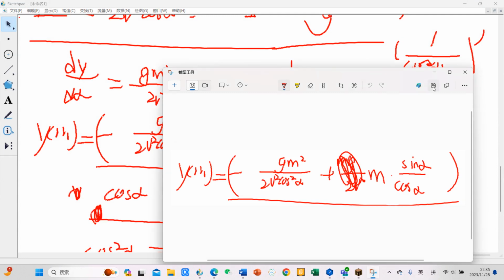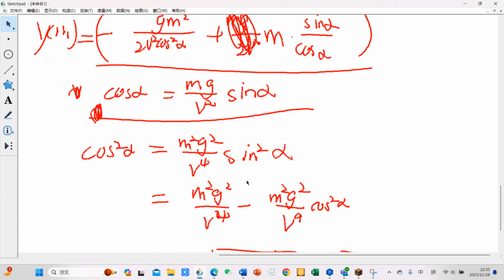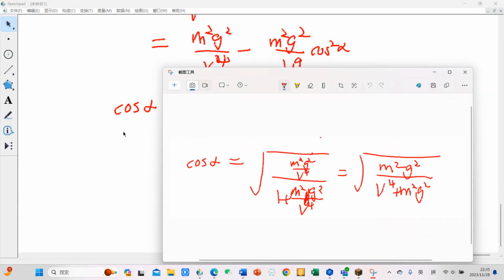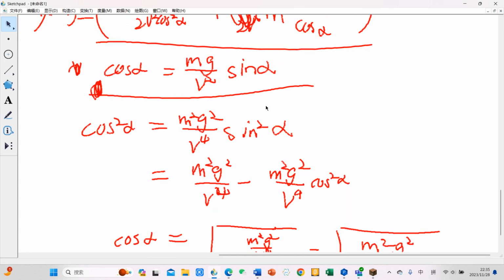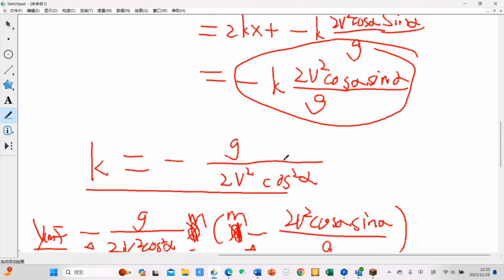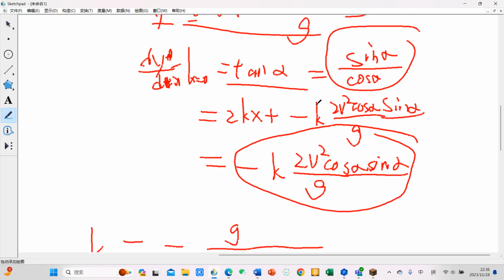Save it into desktop. Okay, we are fine now. I don't like Sketchpad though, but I just want to use it. I don't know why. Okay, fine.